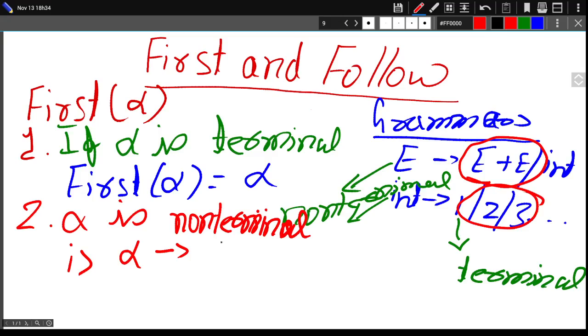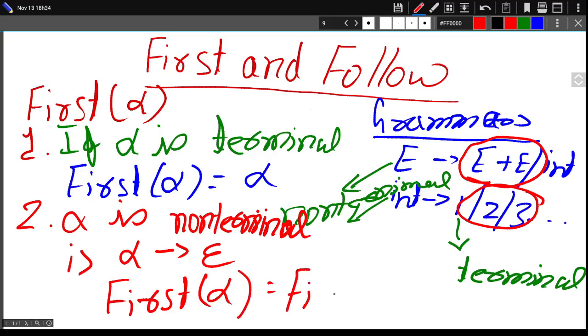and one thing is epsilon, right? So if alpha is deriving epsilon, in that case what will happen, first of alpha will be first of epsilon, right, which is epsilon itself.